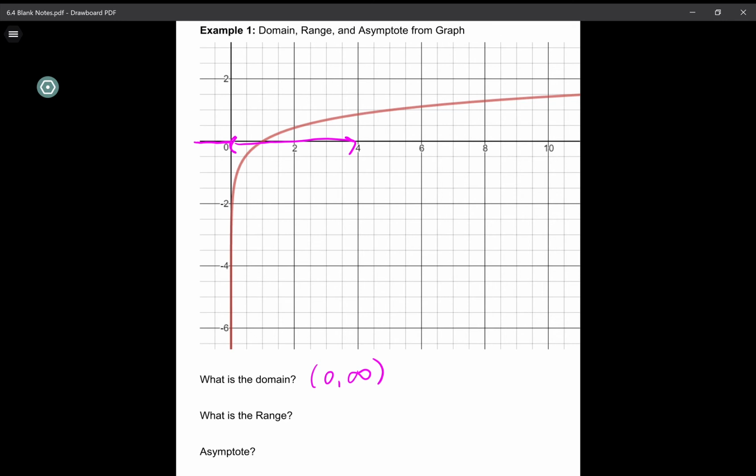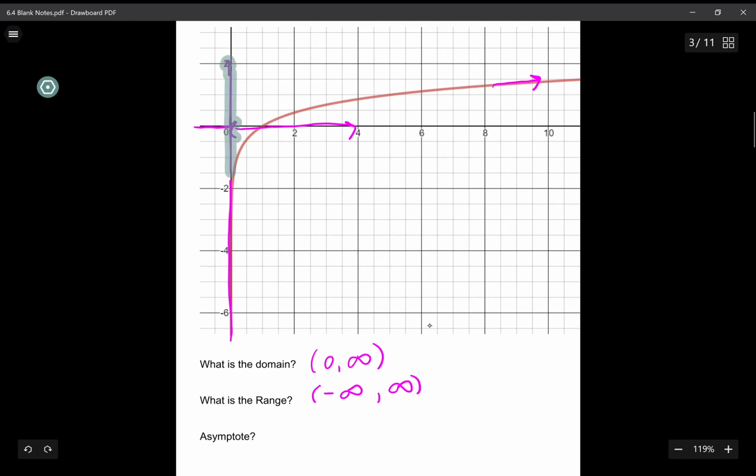What is the range? Well, if we look up the y-axis, we're starting down at negative infinity. We have values, values, values. Keep going, and this increases really slowly over here, but it does in fact keep increasing forever. So it will eventually get to infinity. It just takes a long time to get there. So the range is minus infinity to infinity. And what is my vertical asymptote?